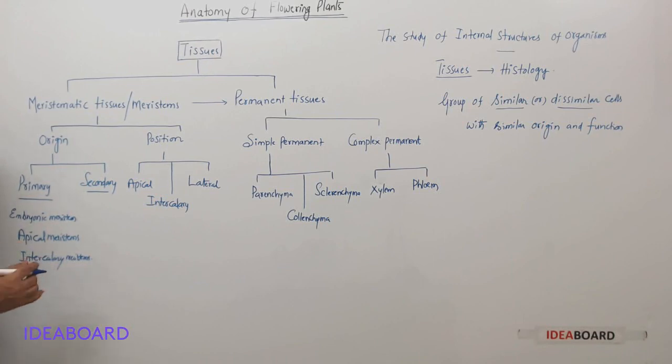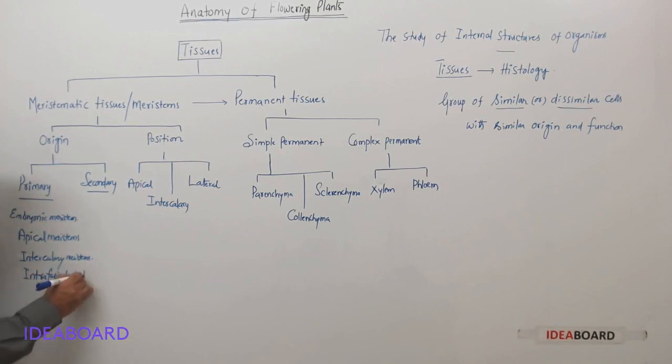And some cells which retain the capacity of division but divide later, which are present in between the xylem and phloem, are called intrafascicular cambium or simply fascicular cambium, present in the vascular bundles of the stems. So these are all primary meristems.